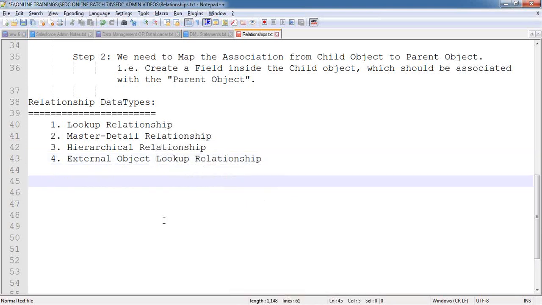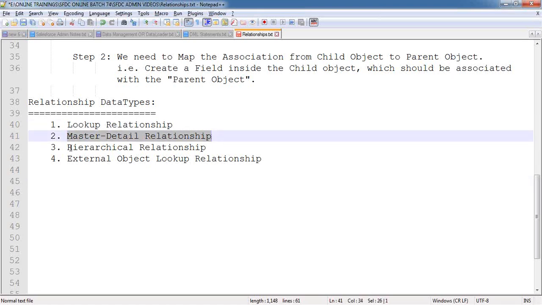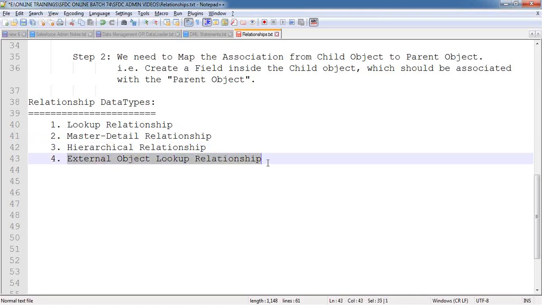So these are the 4 data types given by Salesforce as part of the relationships feature. First one is the lookup relationship, second one master detail, third one hierarchical, and fourth one external object lookup relationship.